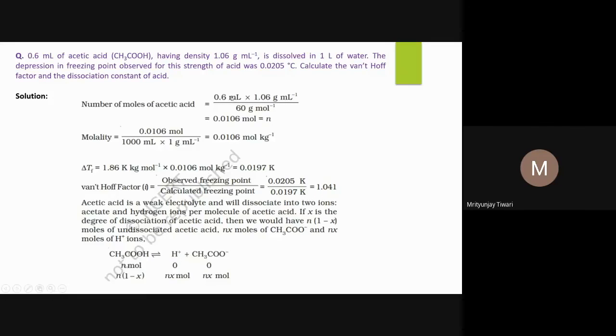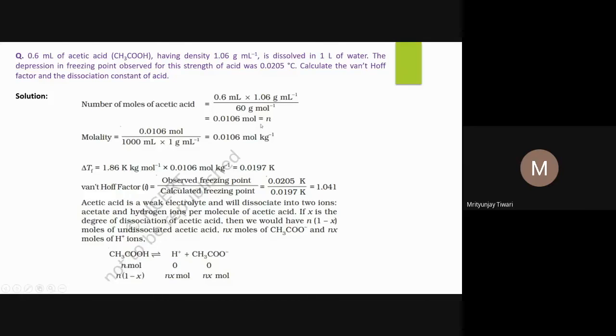The volume into the density: volume 0.6 ml and density is 1.06 gram per ml. So per ml will cancel out. So 1.06 into 0.6 divided by 60, and the gram will also be cancelled out. This will be equal to 0.0106 mole. This is the number of moles of acetic acid.